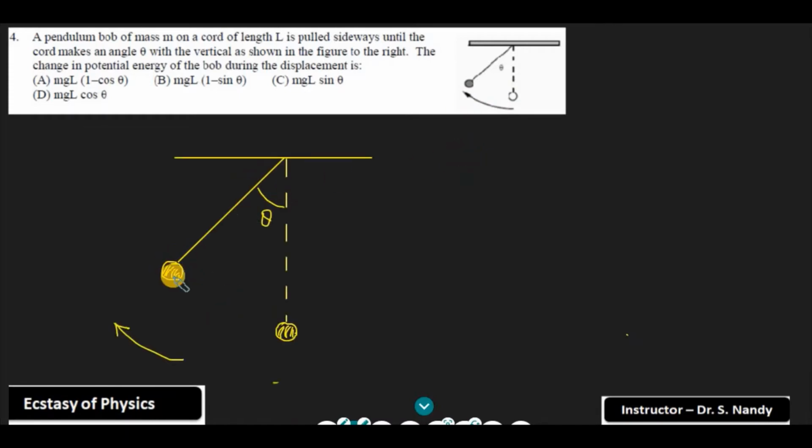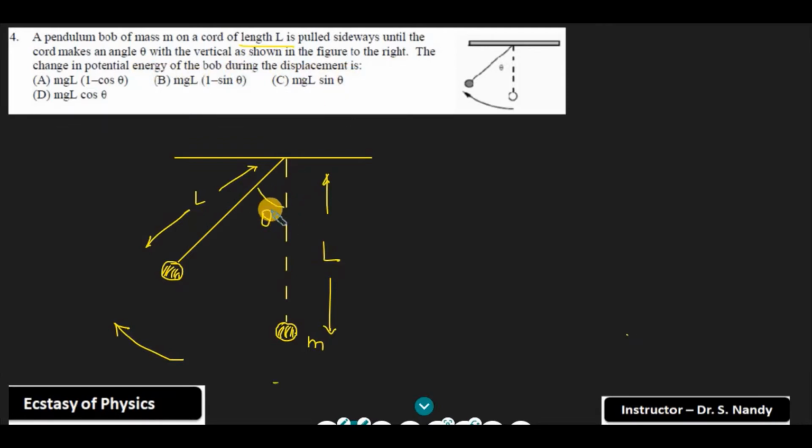Here is the diagram. Let's consider the mass of the bob equal to m, and the length of the pendulum is L, so this length is represented by L. Here also we can consider the length of the string as L. Now we have to find how much is the change in the potential energy of the bob during the displacement.